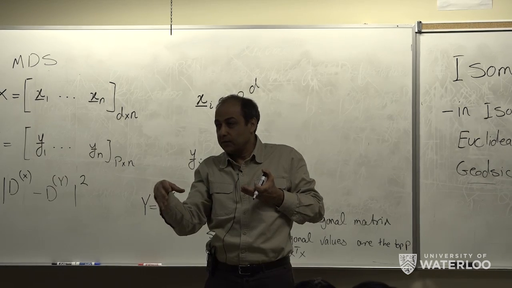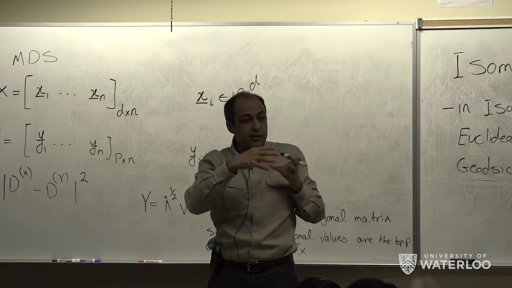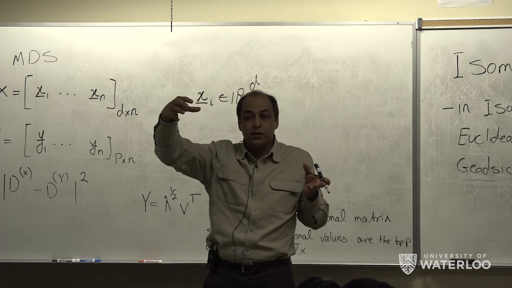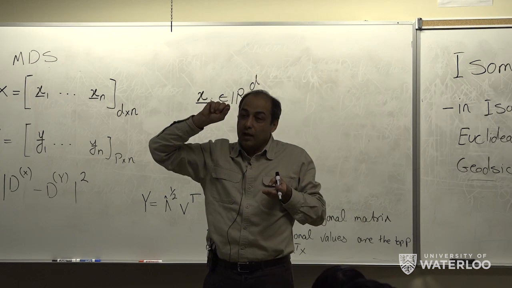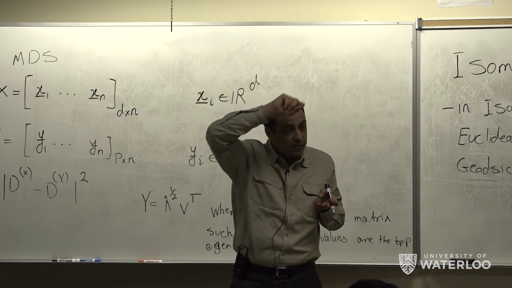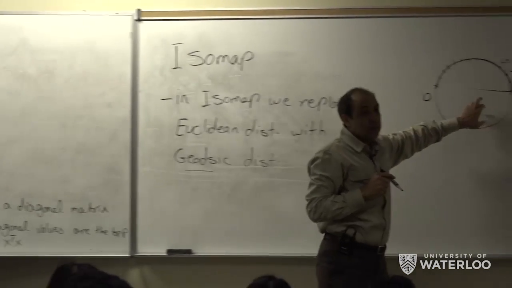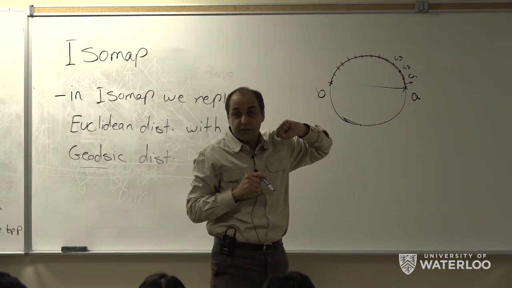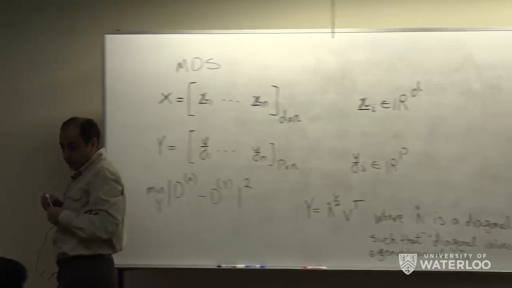You are using GPS to travel from one city to another city, and there's a huge graph in the GPS. When we want to go from one city to another city, GPS is going to find the shortest path on the graph between these two. Okay, so shortest path could be an estimation of geodesic distance. So let me show you this slide here.